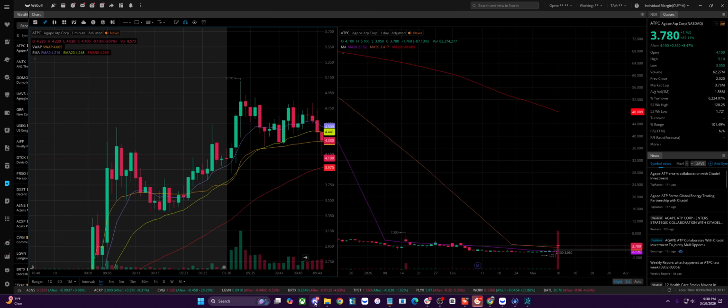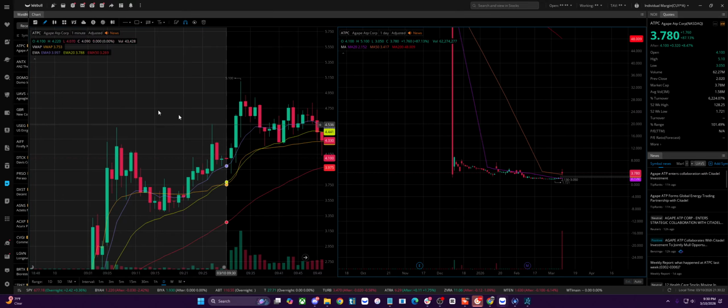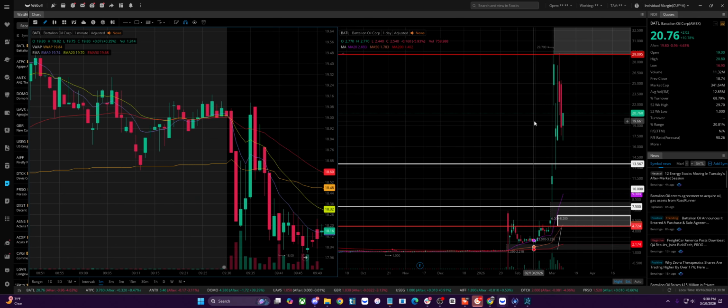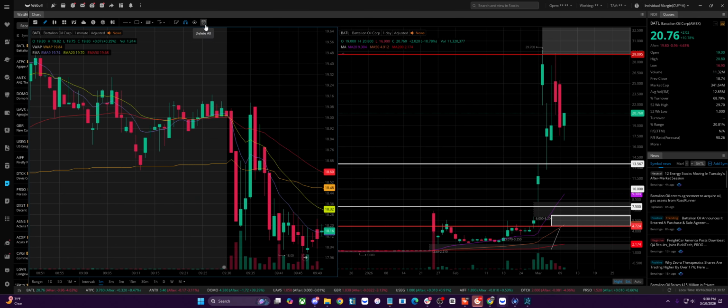How far back on the chart before the range becomes irrelevant? Well, I think the big thing with that is you can really tell where it's relevant or irrelevant. Let's look at a different example, BATL. Where on this do you think becomes irrelevant?